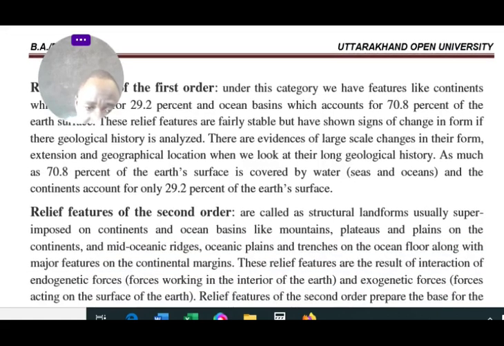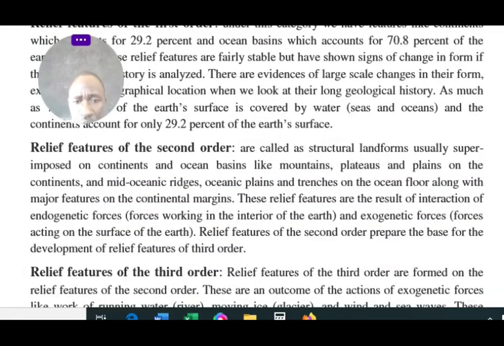The other thing is the second order. These ones are what we call the structural landforms, usually termed as superimposed on continents and basins, like mountains, plateaus, and plains on the continent. They are saying the main ocean ridges and oceanic plates, then the terraces on the ocean floors, along which major features on the continental margins may be in existence.